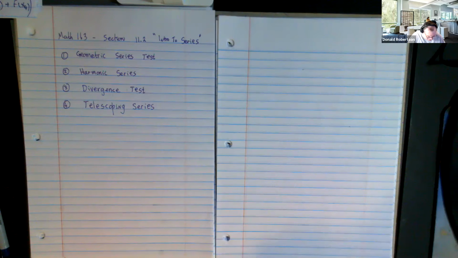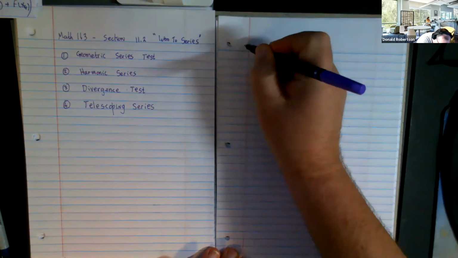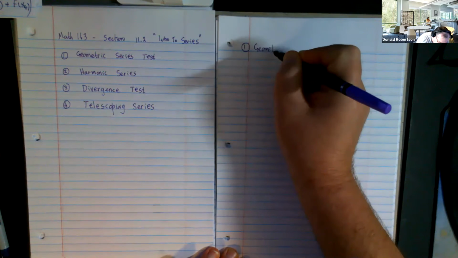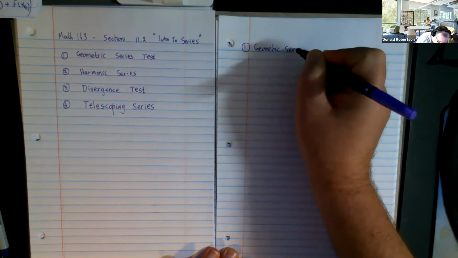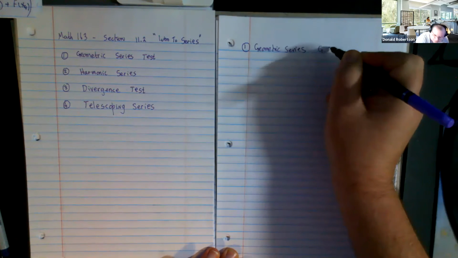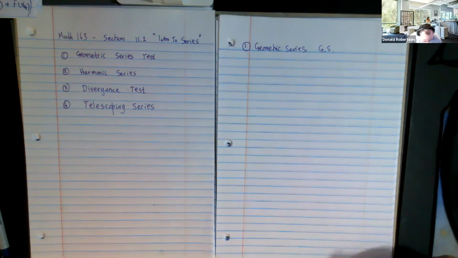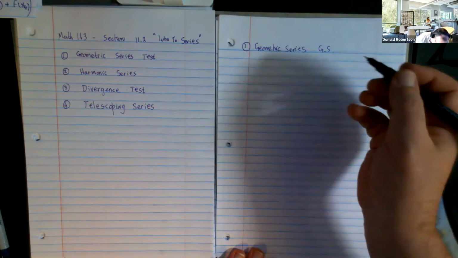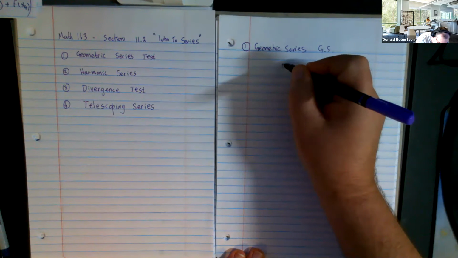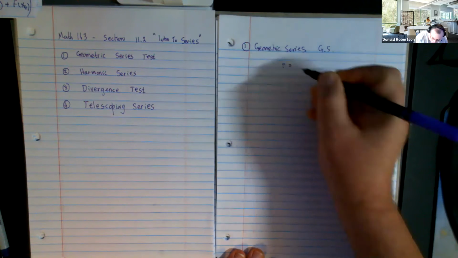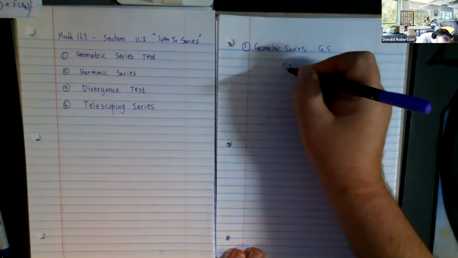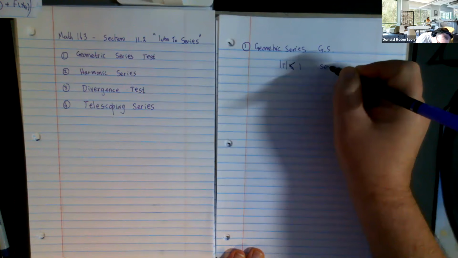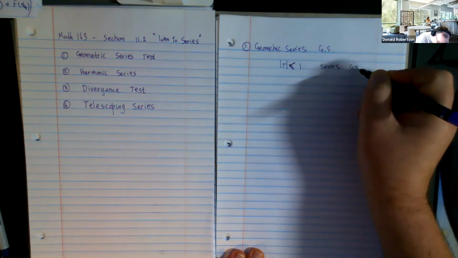Now, the first kind is back to geometric, so this is kind of an overlap from yesterday. A geometric series, which I'm going to call GS from now on because it saves me writing a lot. Now, according to the theory, the geometric series test, if you have a geometric series and you find R, which is called its common ratio, if the absolute value of that guy is less than 1, then the series will converge.